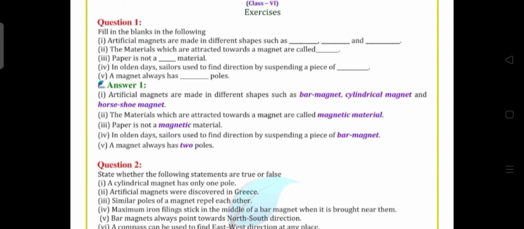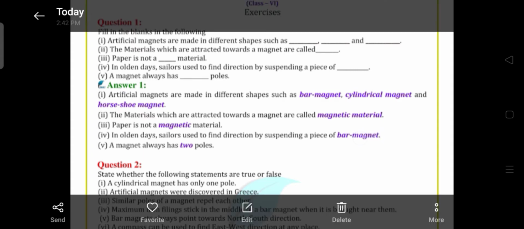Yes, when we suspend a bar magnet, the bar magnet will always place in the north-south direction, isn't it? A bar magnet always will locate in a north-south direction if we suspend it. So in the olden days, sailors used a bar magnet to find out the direction.